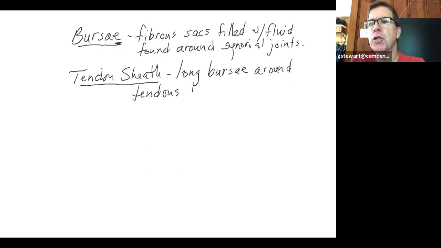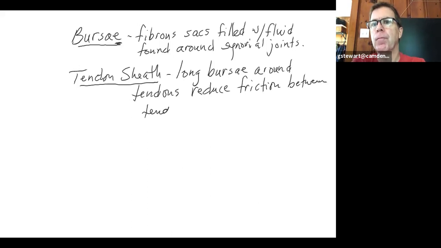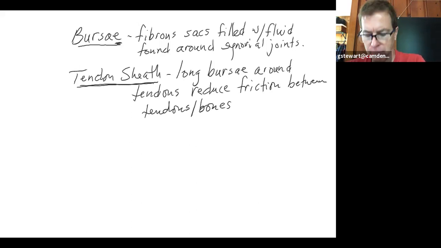And it helps reduce friction between tendons and bones. So many of our tendons ride over the top of bones, and these tendon sheaths, which are just elongated bursae, help reduce friction as those tendons glide over those bones.